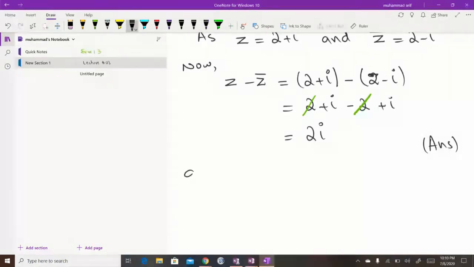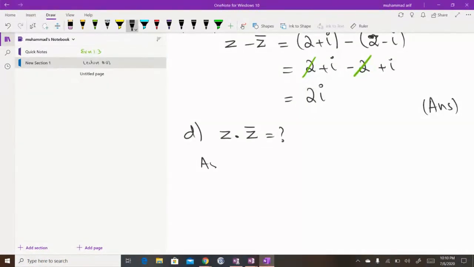And the last part is part D. We are to find z dot z conjugate. Dot means multiplication here. Again, what is z? z is 2 plus iota, and z conjugate is 2 minus iota.